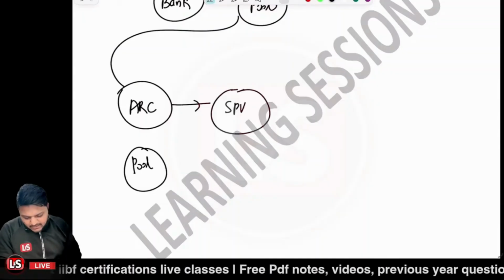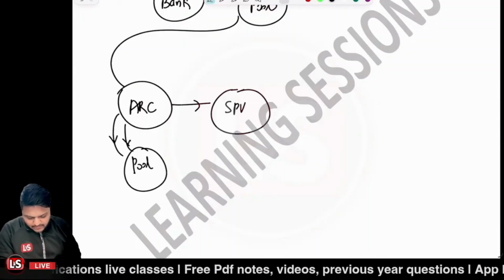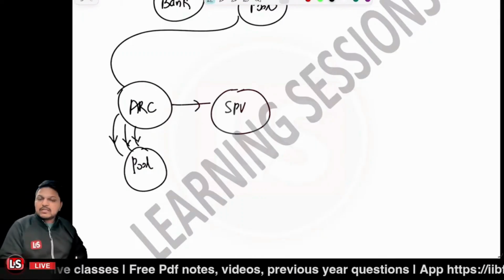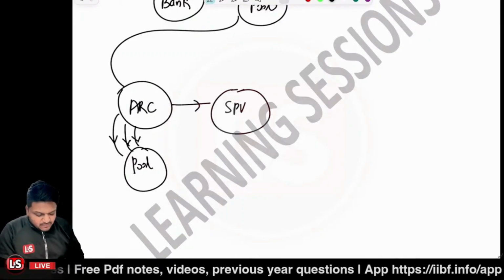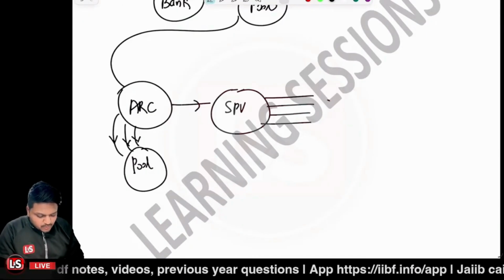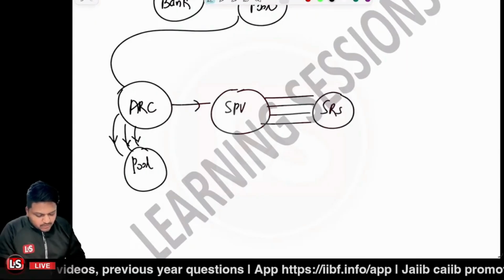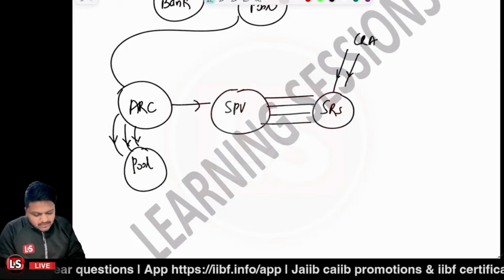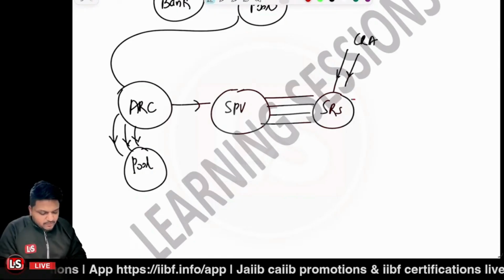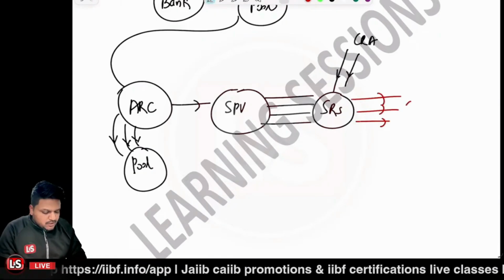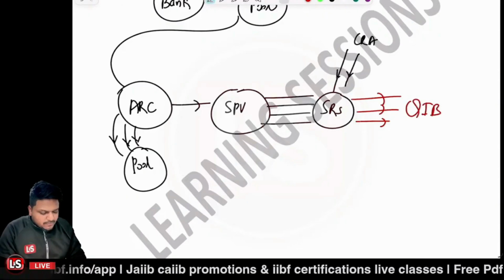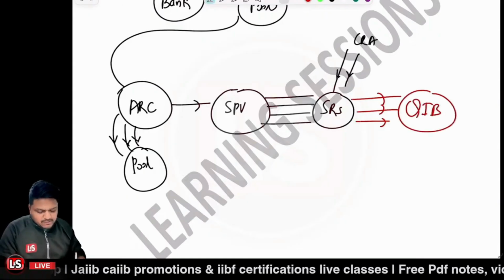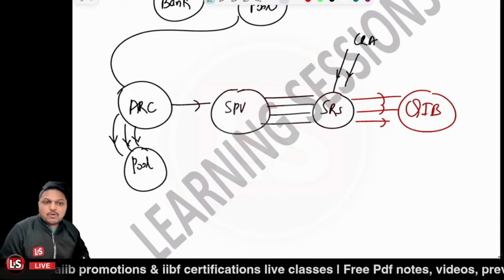And under this pool of loan accounts, the ARC is going to make efforts toward the recovery and settlement of the securities. And the SPV will be issuing the security receipts. Now these security receipts are to be rated by the credit rating agency, and those will be available for the investors. Majorly the QIBs, that is qualified institutional buyers, are going to invest in these SRs, the security receipts.